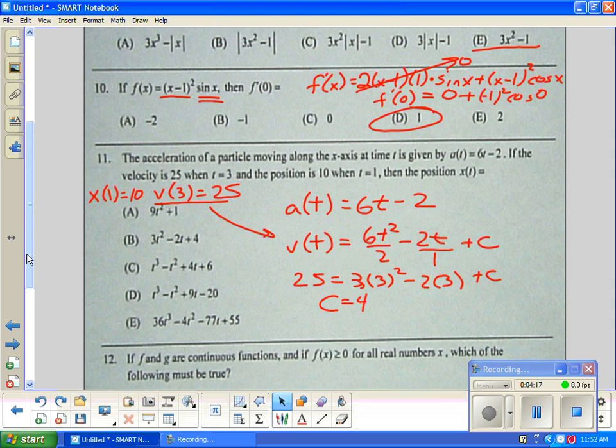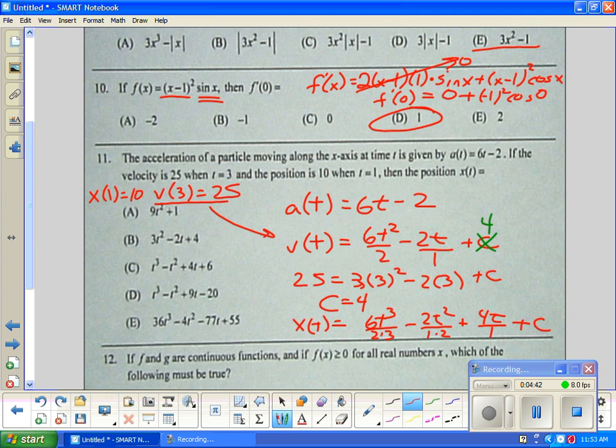Now, since it's multiple choice, I would do this first, and I would write this in, and then x sub t equals, all right, you guys agree that becomes 6t cubed over 2 times 3 if I just leave 6 halves, minus 2t squared over 1 times 2, plus 4t over 1, plus c. Oh, I did not have to work this hard, did I? Another initial condition. Yeah, but wait a minute.